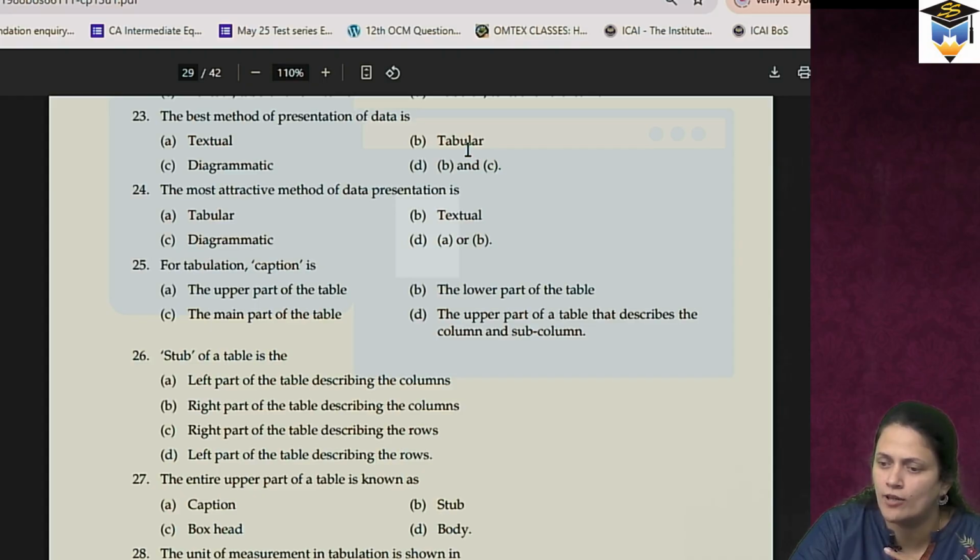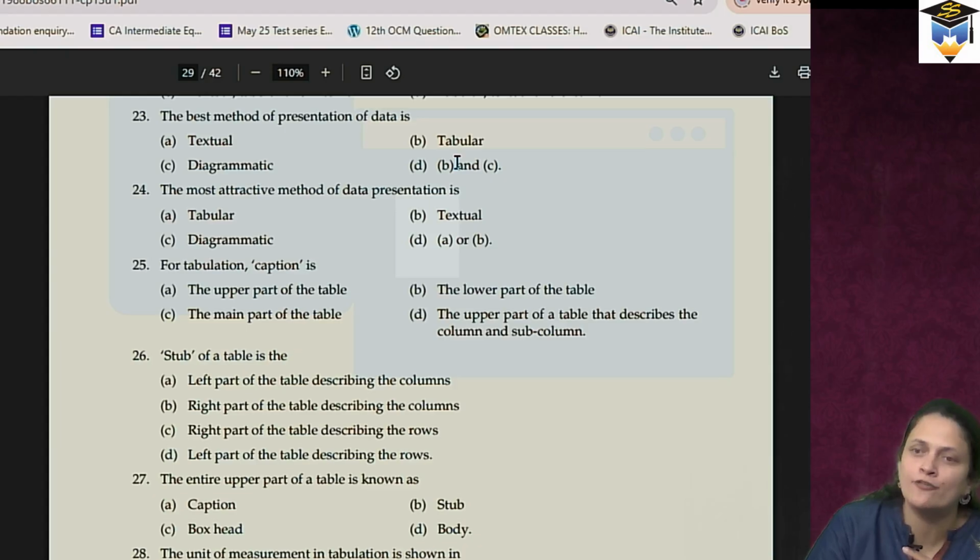B and C, option D. They have given B. Okay, so go with B, tabular. But if I was the examiner, if I had set the paper, both B and C is correct. Of course, diagrammatic also it becomes easy for you to understand. No, D will come.